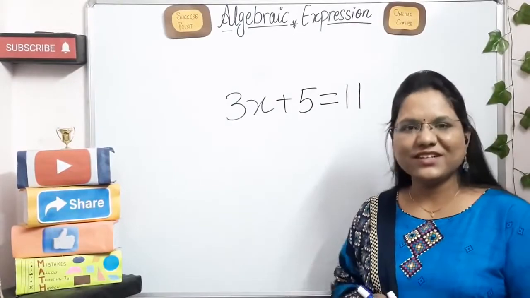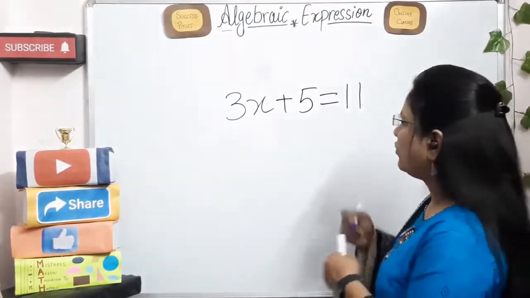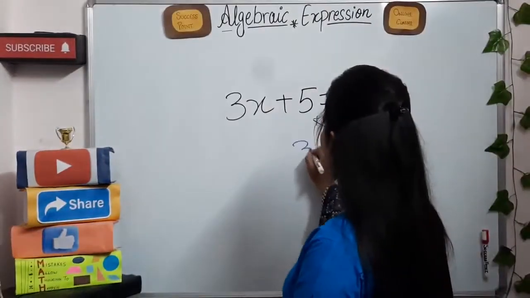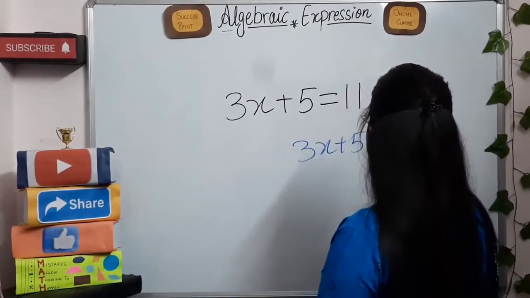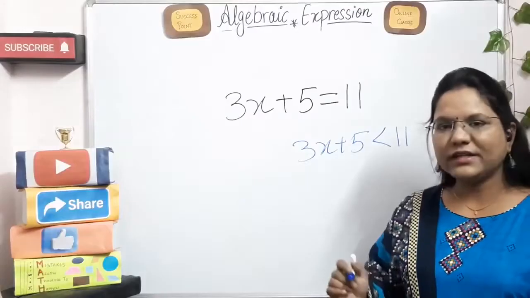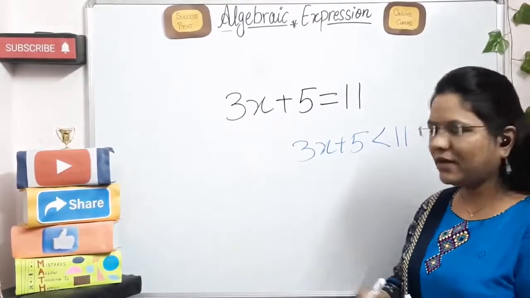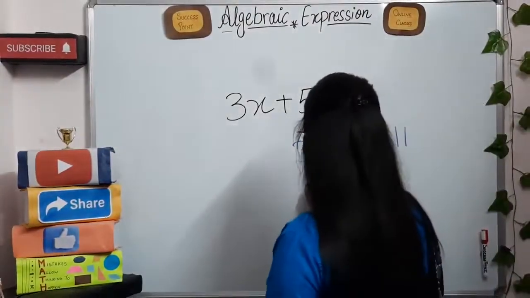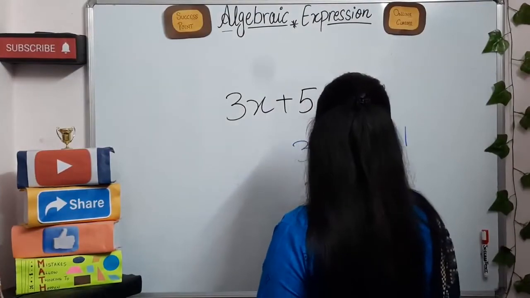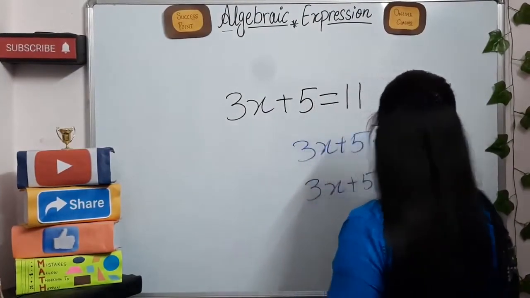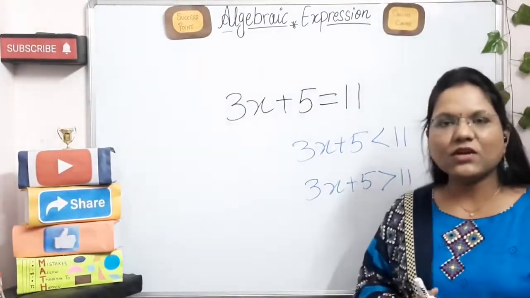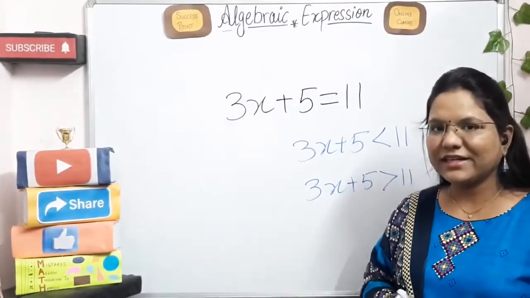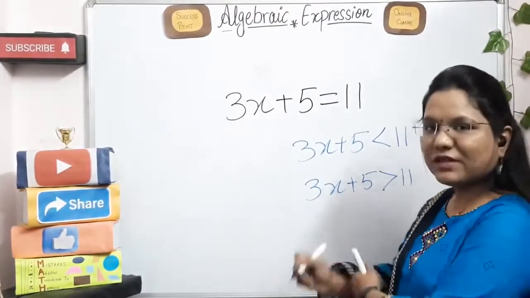Correct. Equation. Now suppose you get another sign like 3x plus 5 less than 11. Can we call it an equation? Let me give you one more example, like 3x plus 5 greater than 11. So out of these statements, which one can we call an equation? Yes, only the first one.